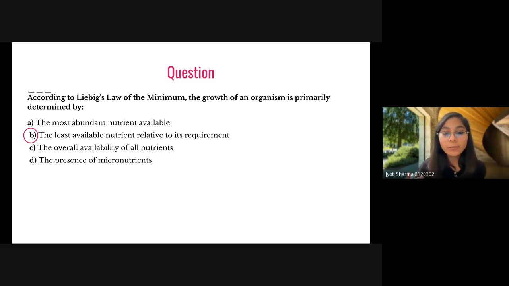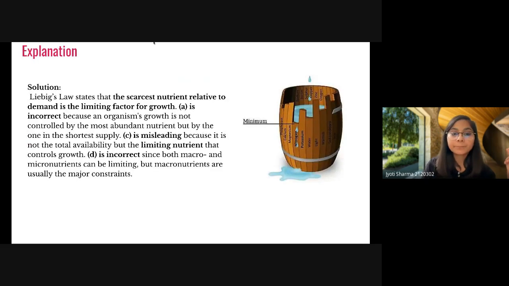For example, if we have macronutrients such as nitrogen and phosphorus, and they are the least available nutrient compared to what we need for growth, then this will come under Liebig's law of the minimum. So under this law it can be a micronutrient as well as a macronutrient. Okay, so that's why B is the answer. Liebig's law states that the scarcest nutrient relative to the demand is the limiting factor for the growth.